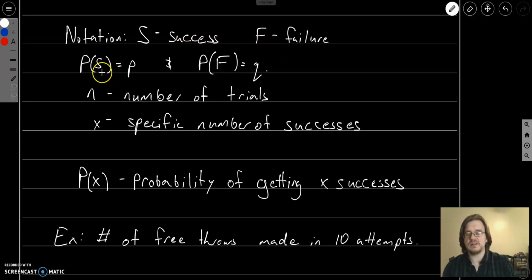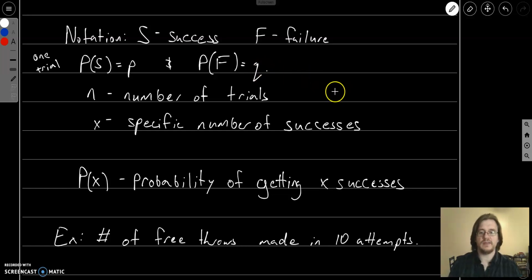And the probability of getting a success on any one trial, so this is just for one trial, the probability of success we normally call P, and the probability of failure we call Q. And these guys have an interesting relationship. These are going to be complements of one another. You either succeed or you fail. There's no in between here.